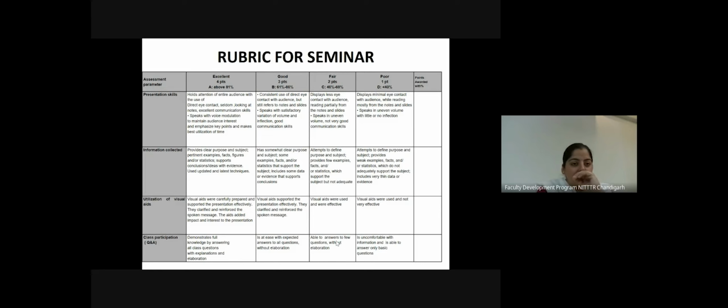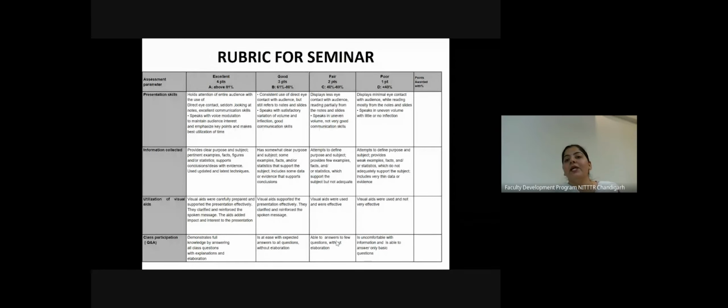Now, for presentation scale, that is excellent: holds attention of the entire audience with the use of direct eye contact, seldom looking at notes, and excellent in terms of communication skill. Speaks with voice modulation to maintain audience interest, emphasizes key points and makes best utilization of the time.